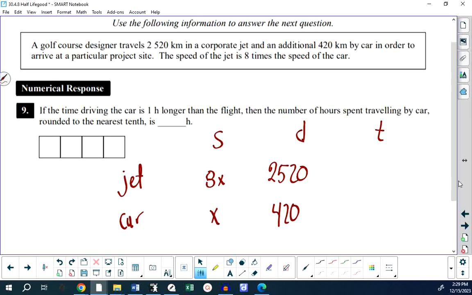Now, look at this. Actually, this is the question I was thinking of. It asks about the time. So I think it would be a mistake for you to put x here and x plus 1 here and write an expression for the speed.